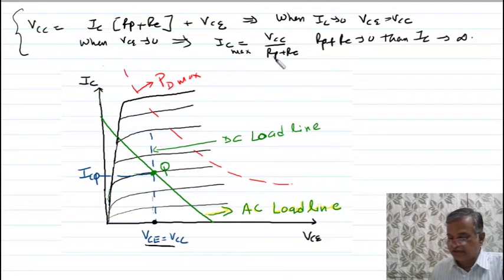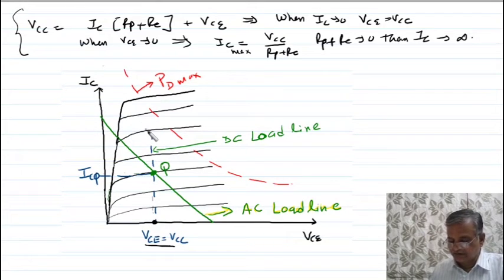If you say you do not want to take this tending to 0, then this load line should be slightly to the left. It has some slope. It should be drawn toward the left hand side. Now, the AC load line is also shown. The tangency point of the DC load line with the PD max graph also decides the bias condition point.